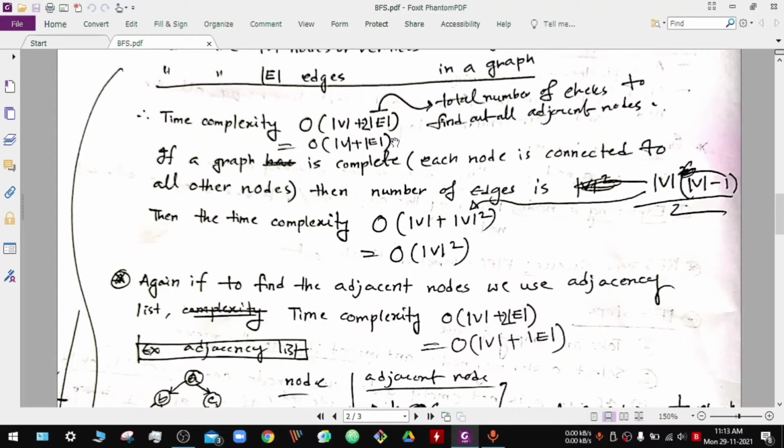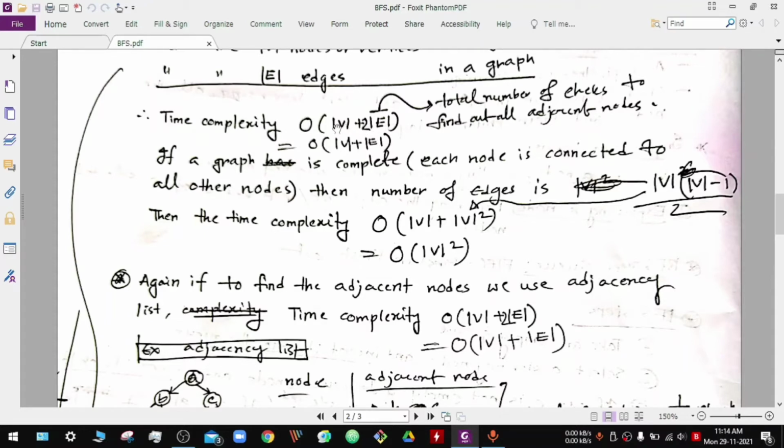Whenever you select A, you have to check the edge AB to find out the child B, which is a child of A. And if you select the node B, you have to check this edge AB again to find out the child of B. So if the graph is undirected, every edge is checked twice.